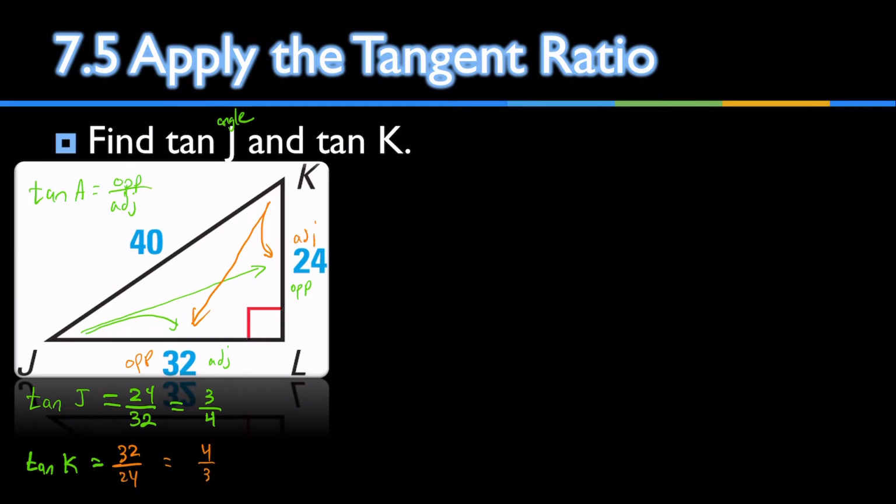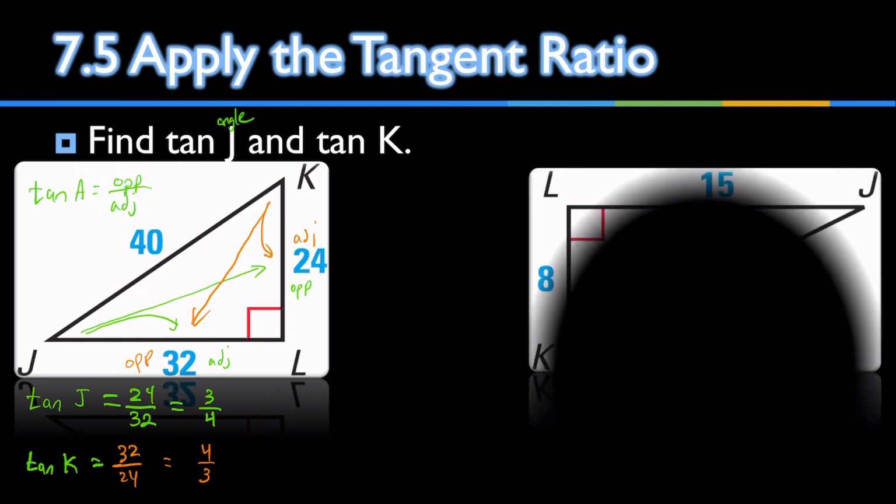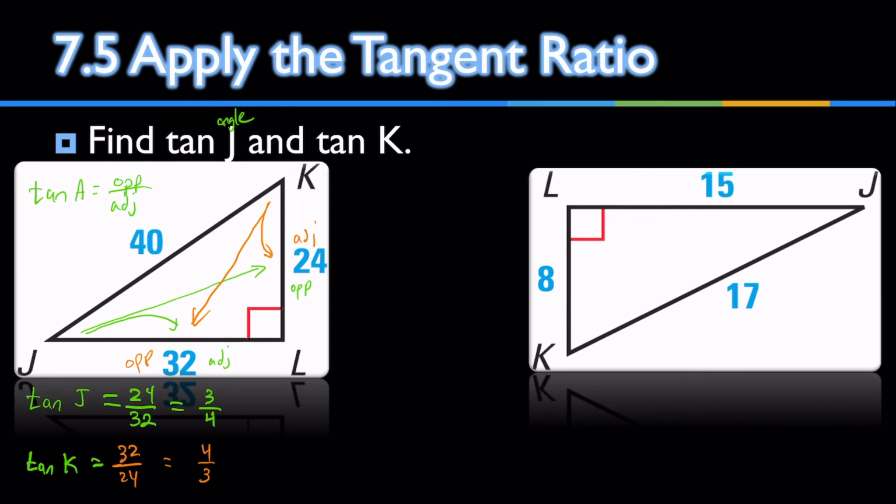So it's 4 over 3. How interesting. So the angle matters. So that's why you always have to put the angle. It's always tangent and then an angle. Let's try another one.